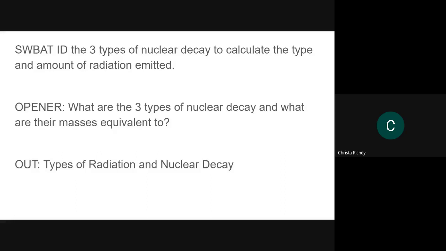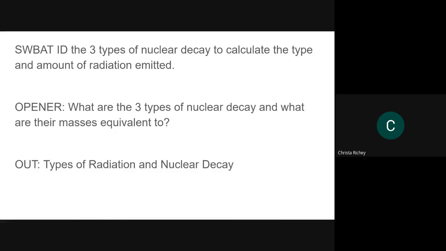It doesn't have mass. It's pure energy, which is why this is the most damaging. If you come in contact with gamma radiation, it's going to kill you. I'm just saying. You would protect yourself from this one with about 4 inches thick of lead or multiple feet of concrete, which is what we do with nuclear reactors.